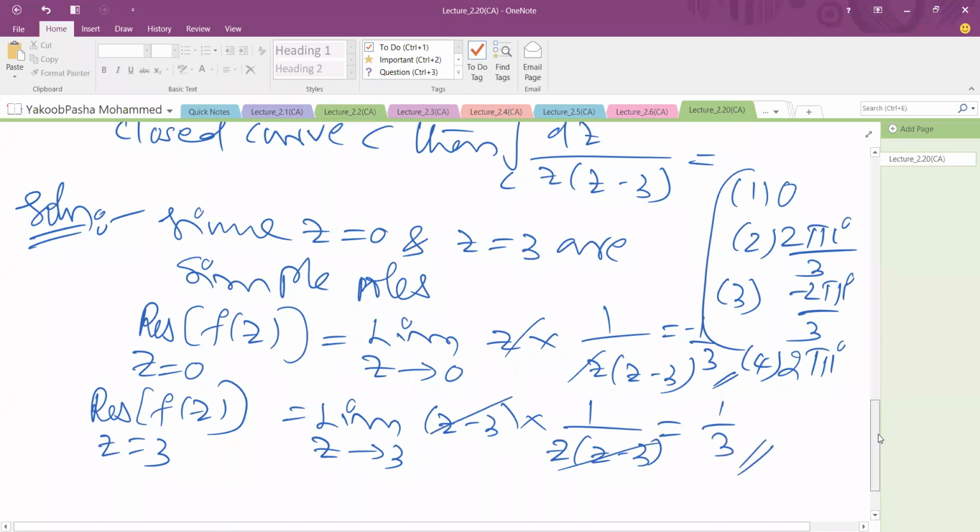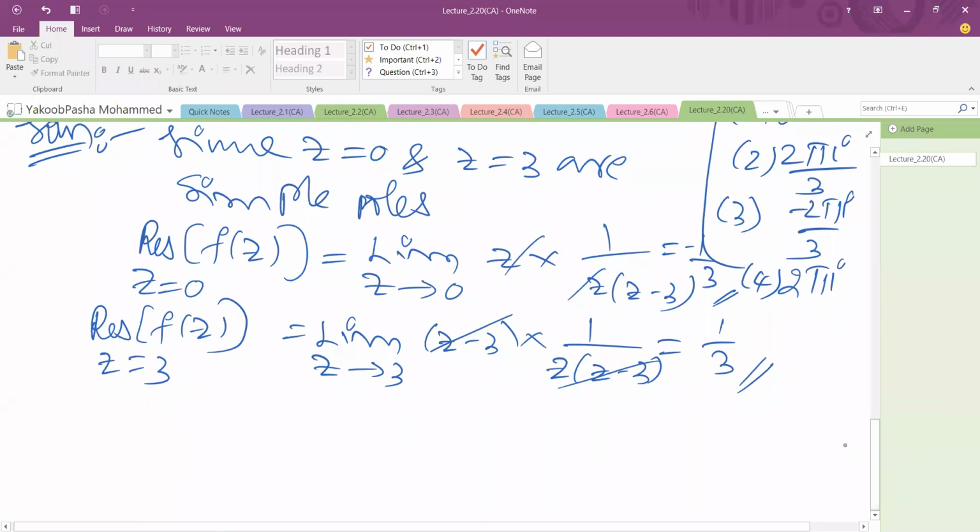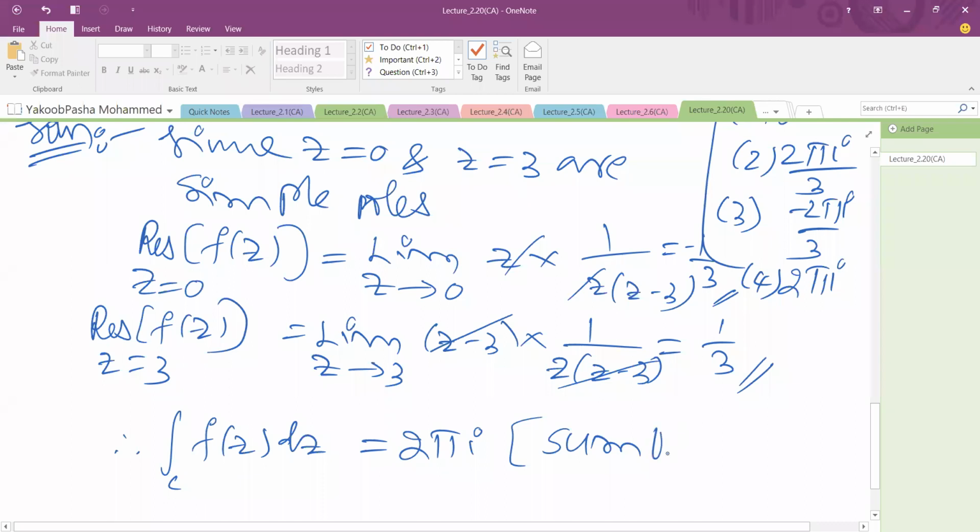Okay. So we have to add them by Cauchy residue theorem. So integral over C f of z dz is equal to 2 pi I into the sum of residues.